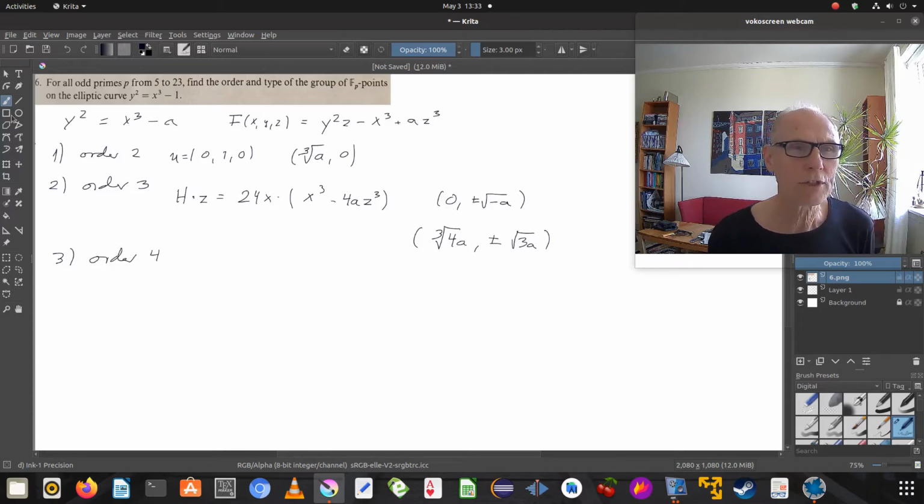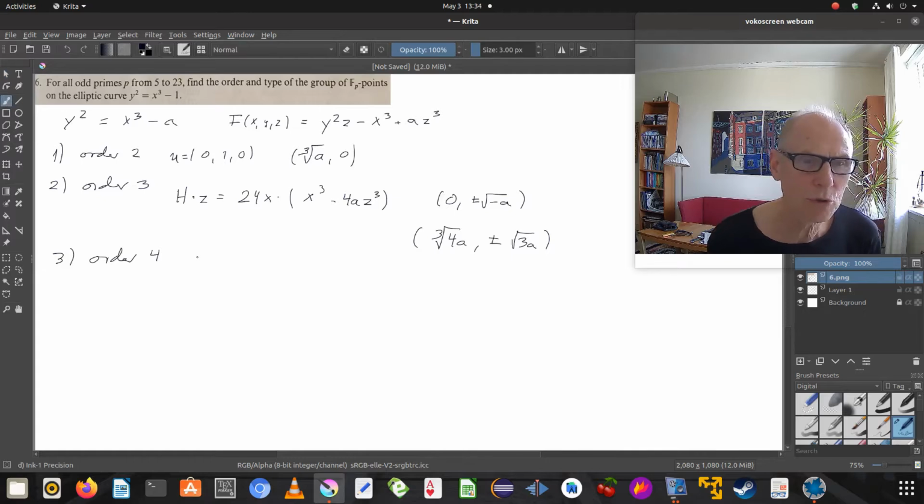And we'll use the same computation as I did a few exercises ago. So we need all the points that end in some point of order 2.